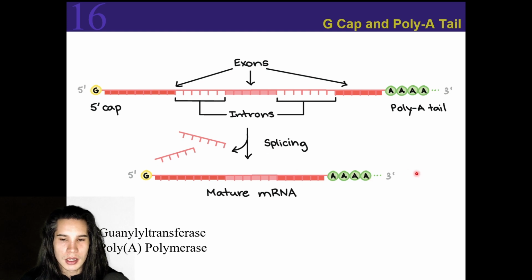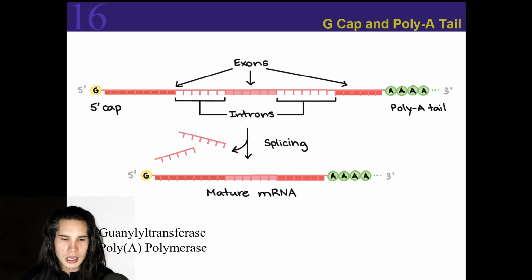This poly A tail helps with stability of your mature mRNA, as does the G-cap. In addition, these things also aid in the transport of your messenger RNA outside of the nucleus into the cytoplasm.